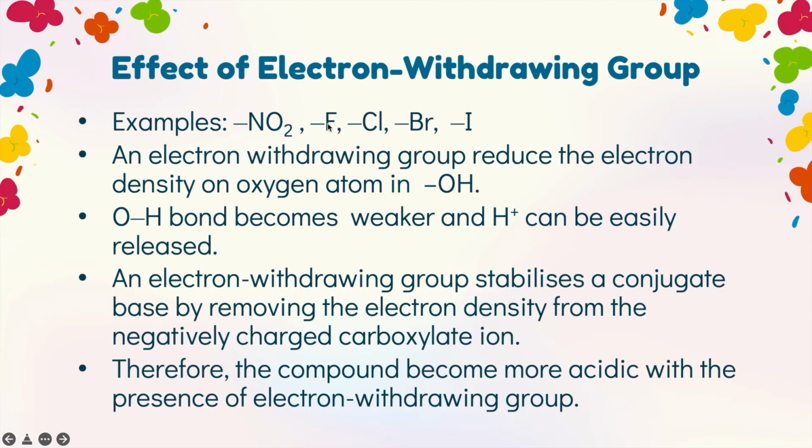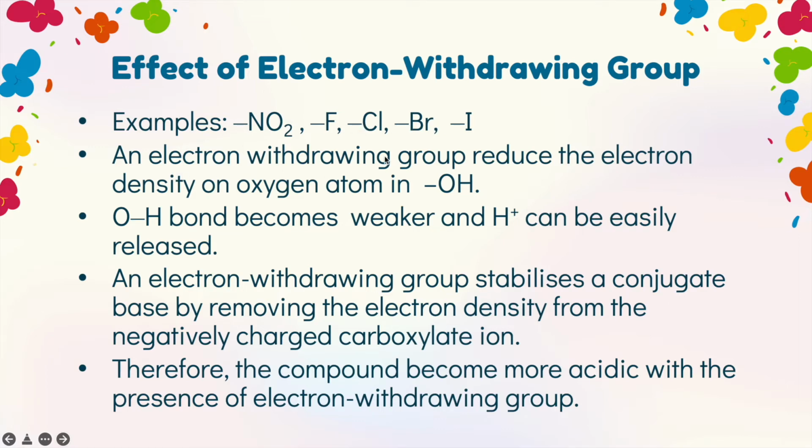The effect of electron withdrawing groups, for example, we have NO2, F, Cl, Br, I. So basically the group 17 atoms and NO2 are examples of electron withdrawing groups. They will attract the electrons towards themselves.